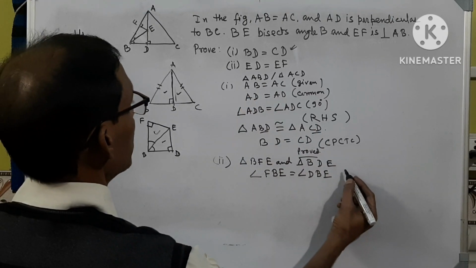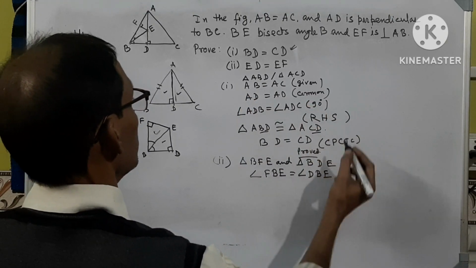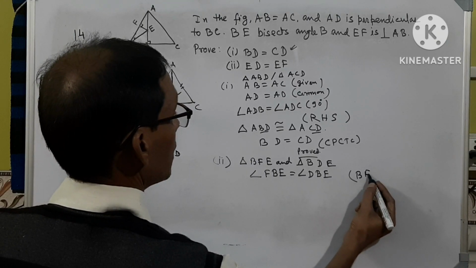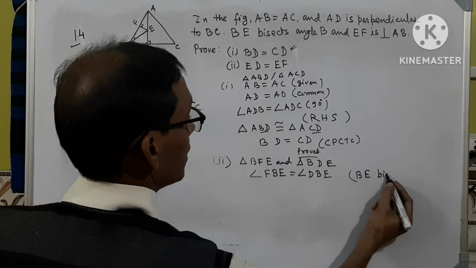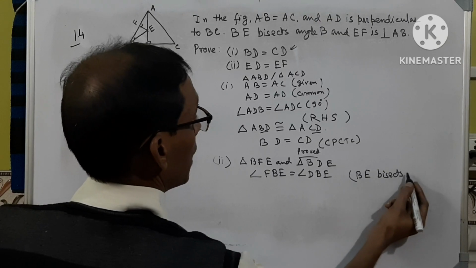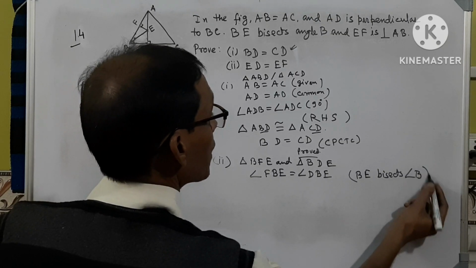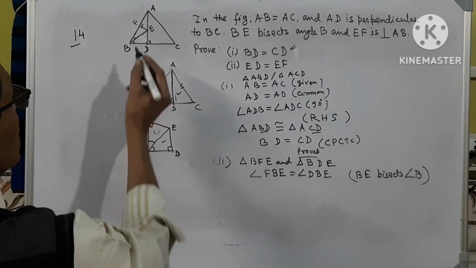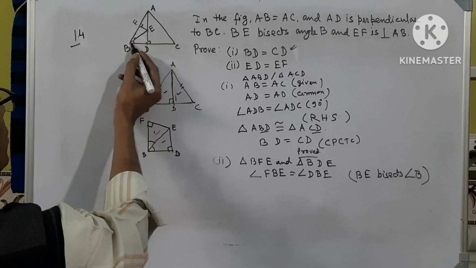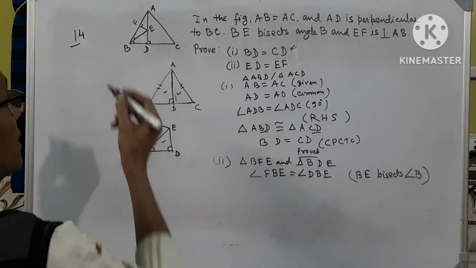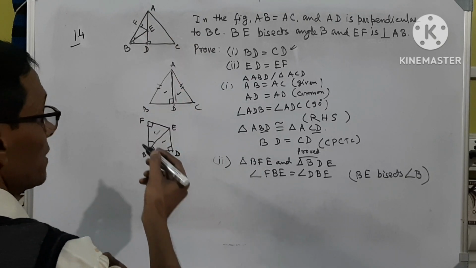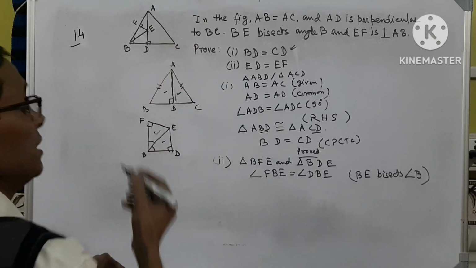Because it is given that BE is bisecting angle B. Here angle B means the total angle. See, the total angle is this angle B. So BE is bisecting angle B. That means angle ABC is getting bisected by the line BE.